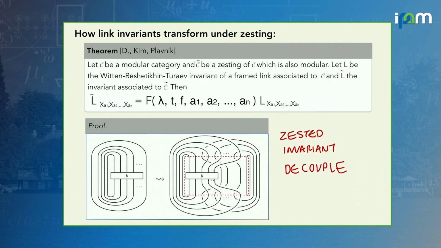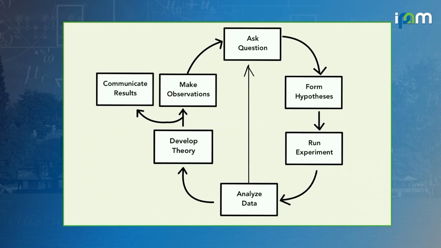And the proof is just a diagram, basically. But this helps us get a little better understanding of what's going on with these invariants. Rather than just computing them, now we have a theory that explains them, at least relatively. So my subtitle for this talk was The Science of Modular Isotopes.